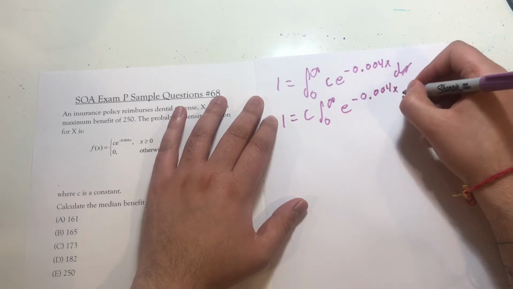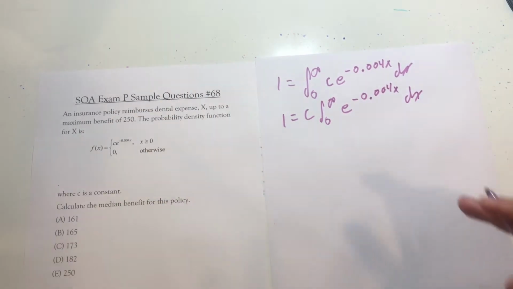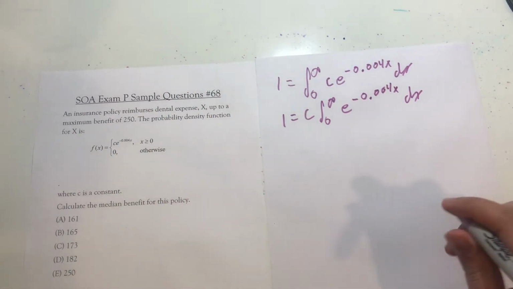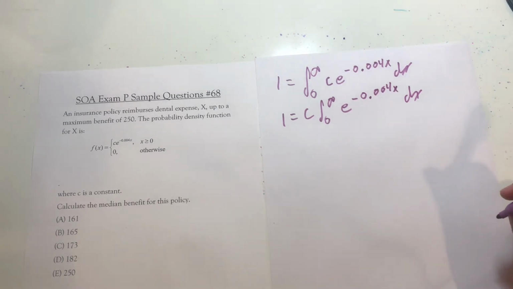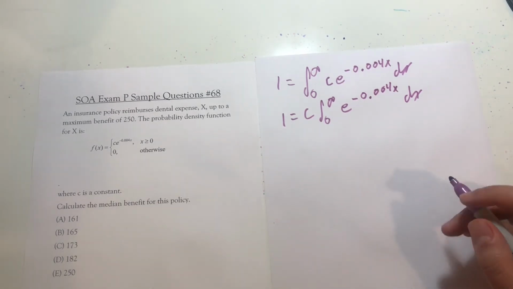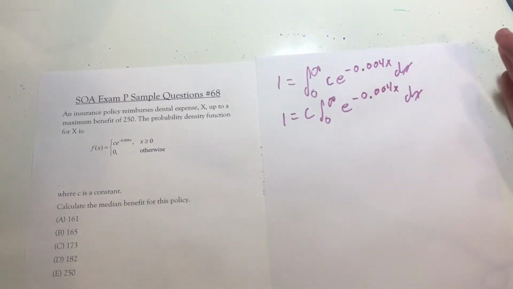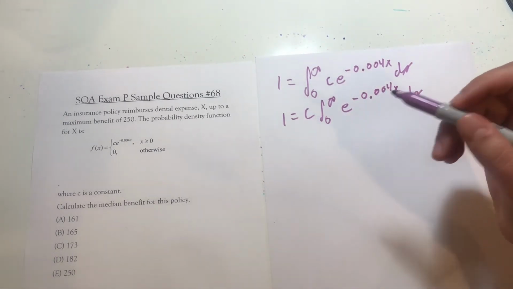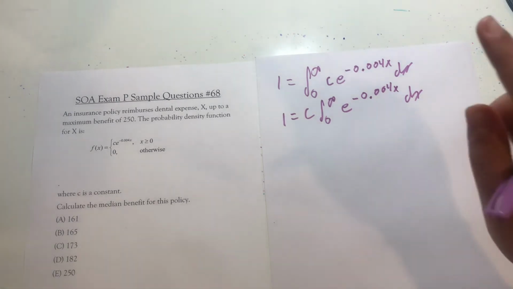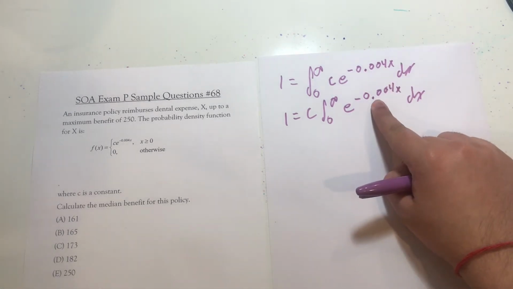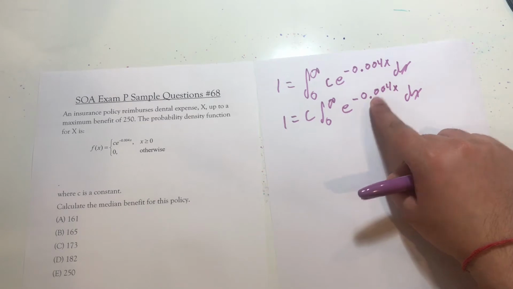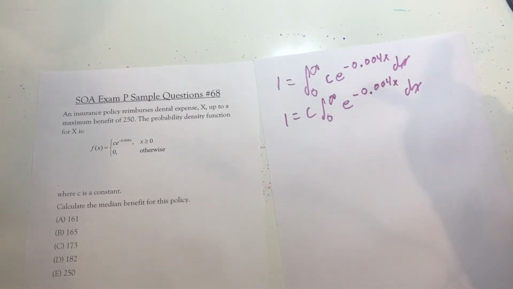And I say this is super easy because I noticed a quick trick to doing the integral of any e to something. All it's going to be is the inverse of the coefficient of x multiplied by your original thing.